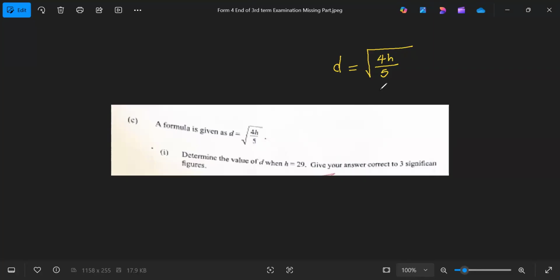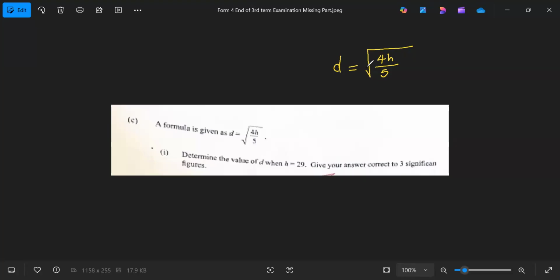Everybody have their calculators close by? Yes, sir. All right, so here we're going to do for me. They said, find the value of D when H is 29.